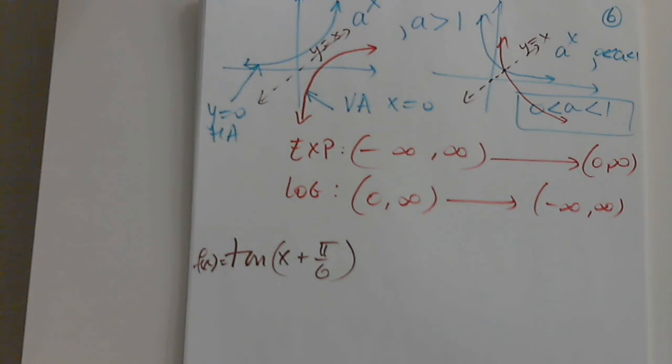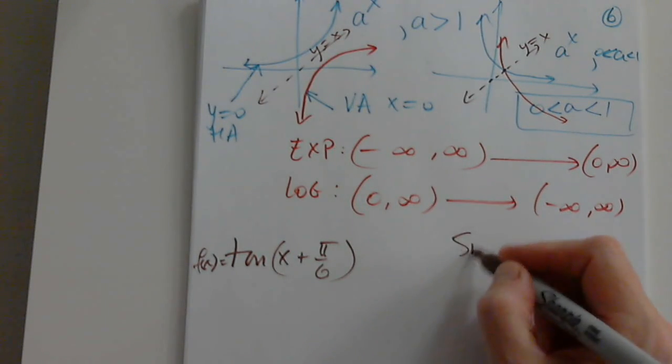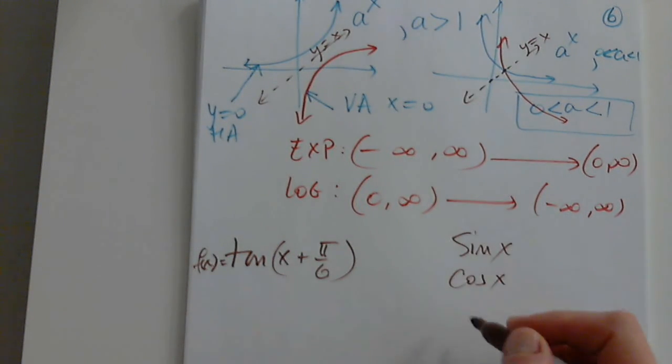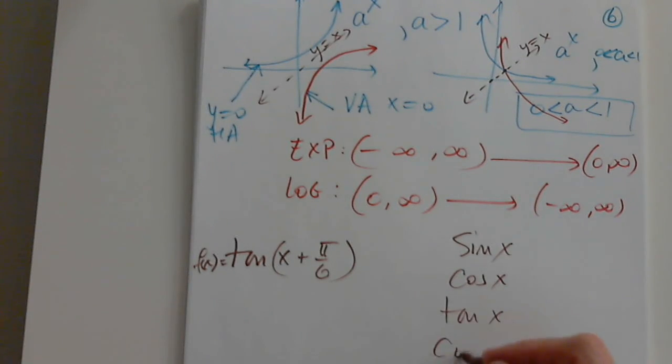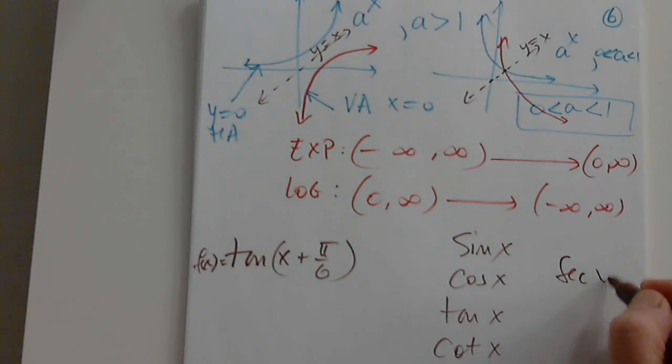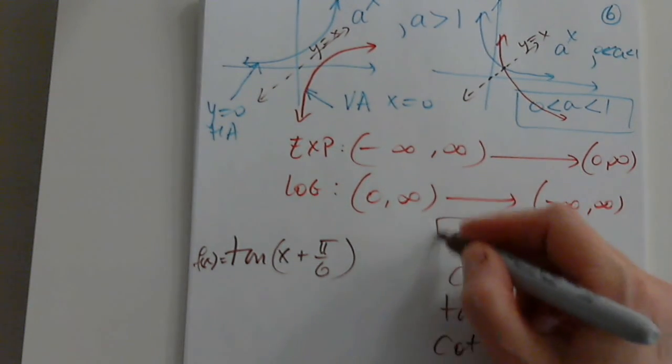Is there a potential problem with tangent? Yes. So we have the 6 trig functions. Only 2 of those are defined everywhere. Which 2 of those are defined everywhere? Yes. These are the friendly ones.